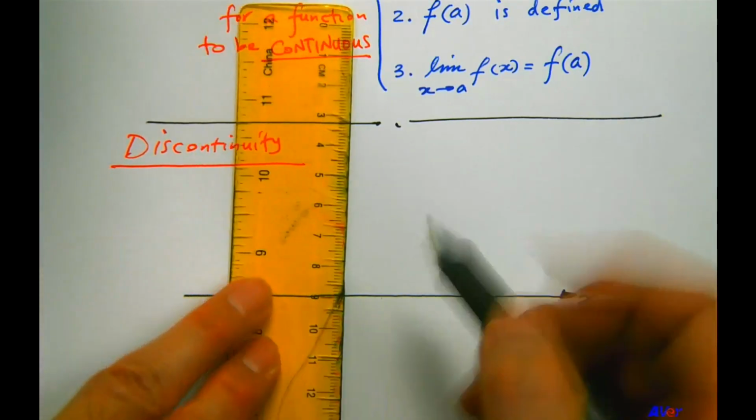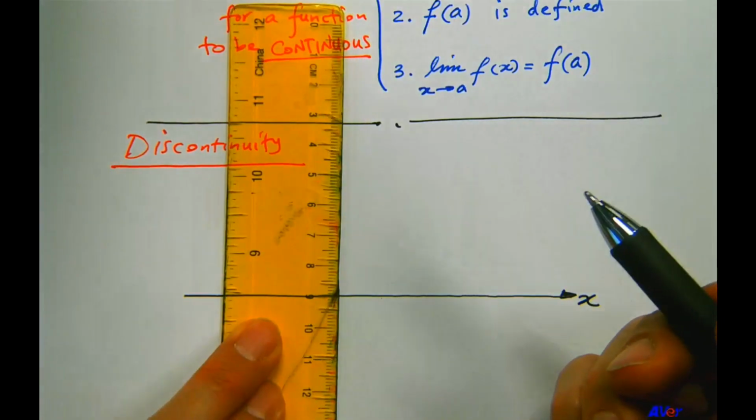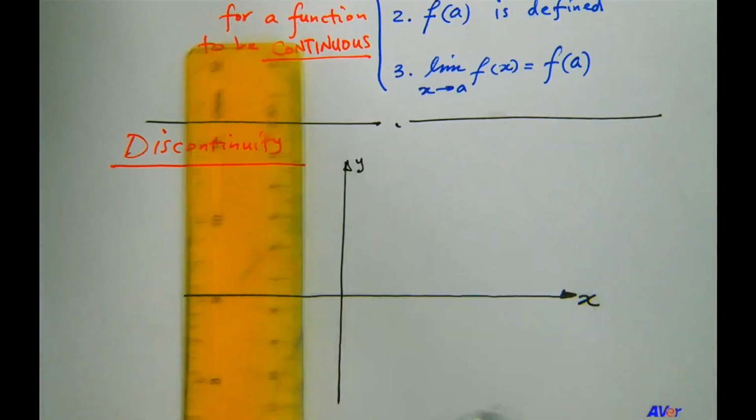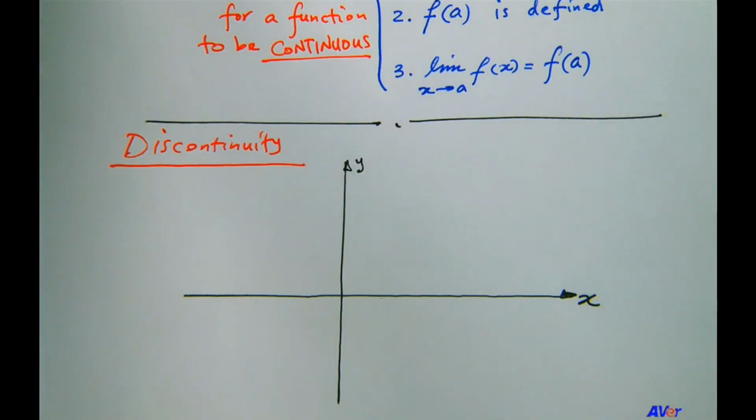Here's the x-axis and here's the y-axis, like that. And suppose we have a graph that looks like this.